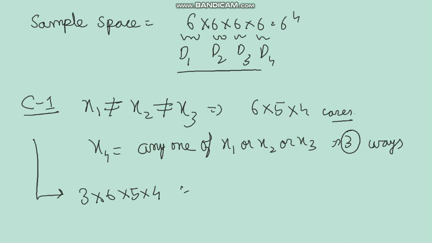Moving on to the next. Case 2: any two of x1, x2, x3 are equal and the other not.